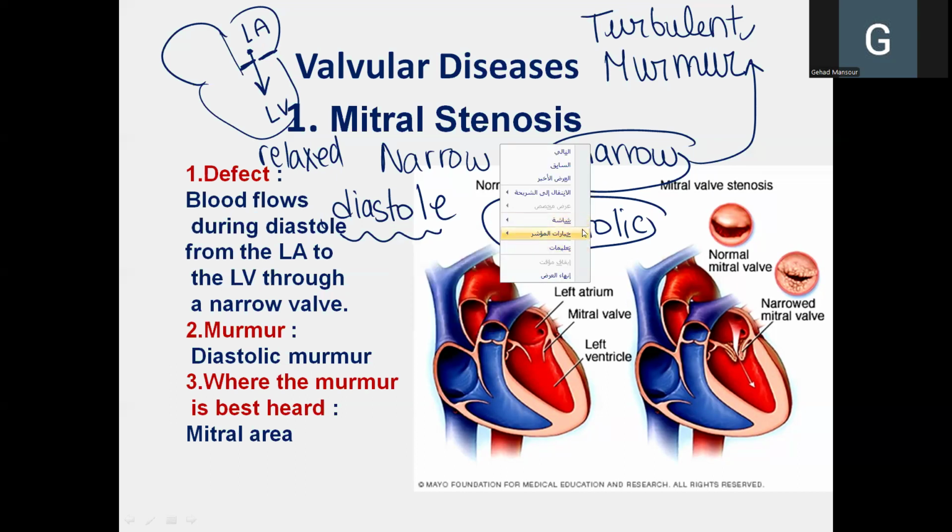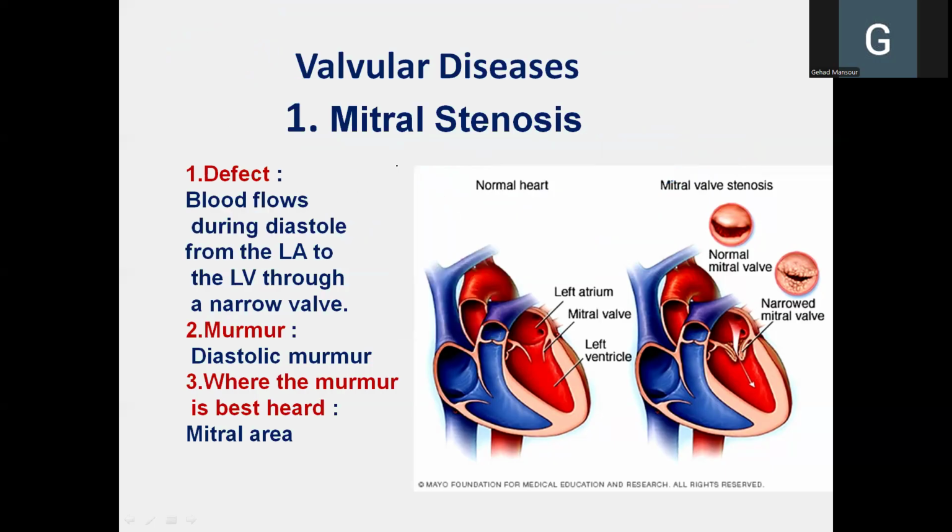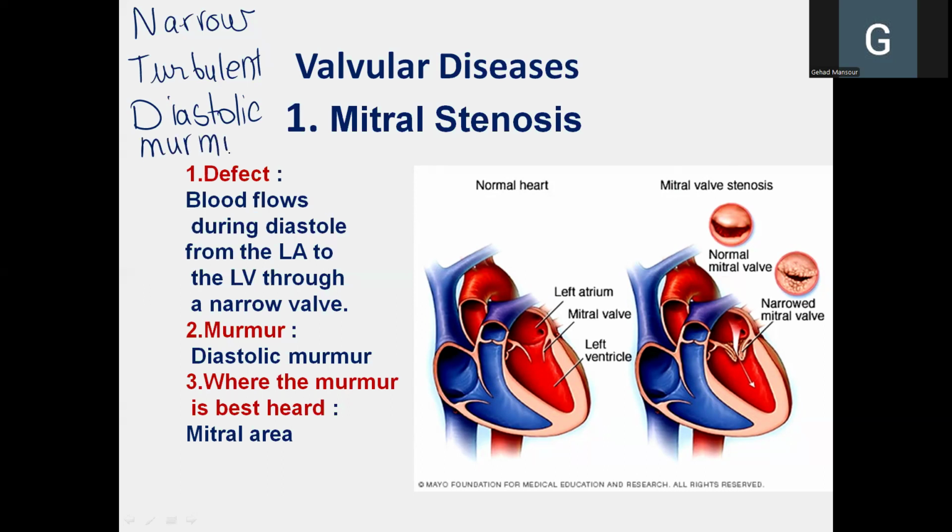Over the mitral area, because it originated in the mitral valve, and diastolic means between S2 and the next S1. So in mitral stenosis, we have a narrow valve, turbulent blood flow, and a diastolic murmur best heard over the apex or the mitral area, which is the fifth intercostal space, left mid-clavicular line.